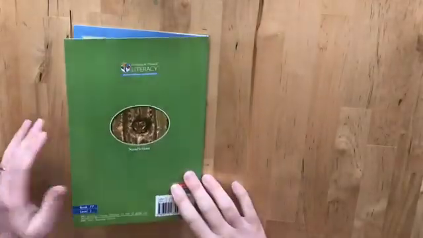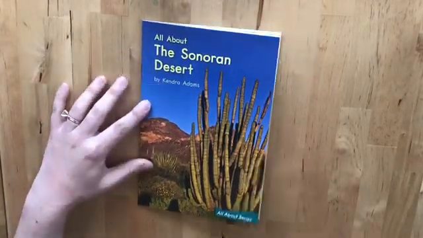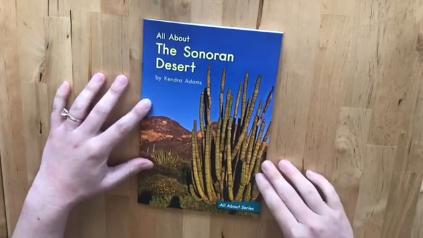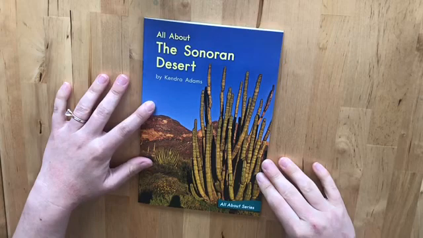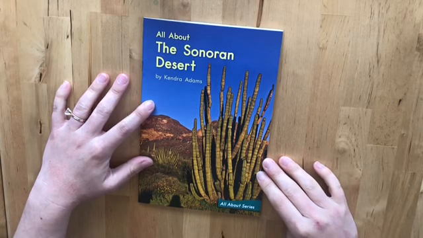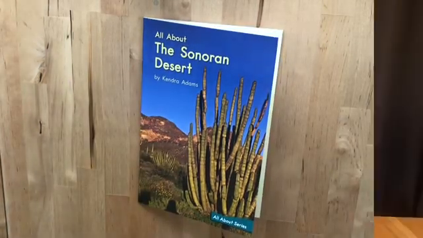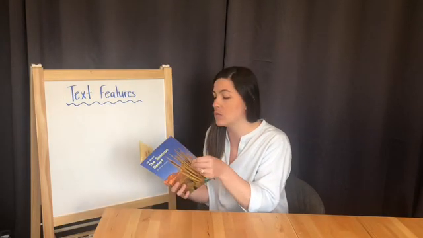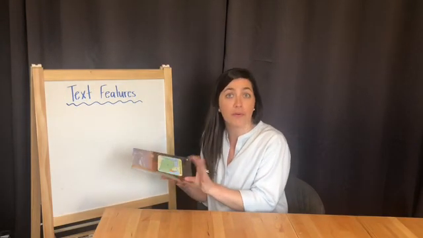All right, thanks for taking a look at all of those text features with me. When we read text features, it really helps us to understand the information that a book is teaching us. Some of the text features that are in this book include the pictures or the photographs.